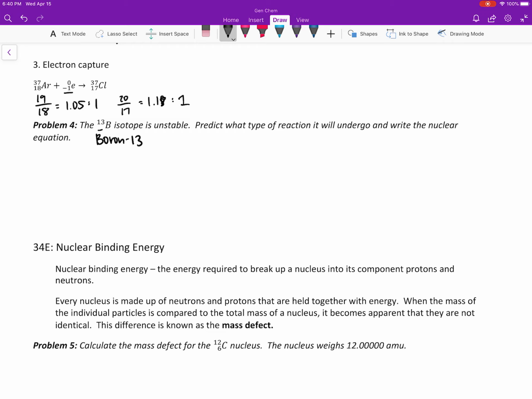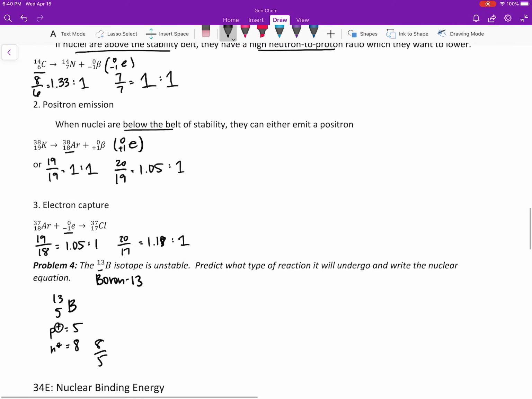The only number you have to be given is the mass number because it doesn't always match what's on the periodic table. So boron is atomic number 5, which means this is going to have 5 protons and 8 neutrons.